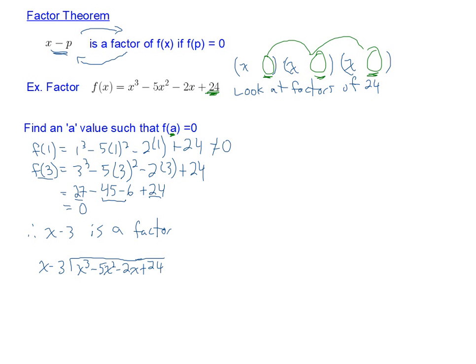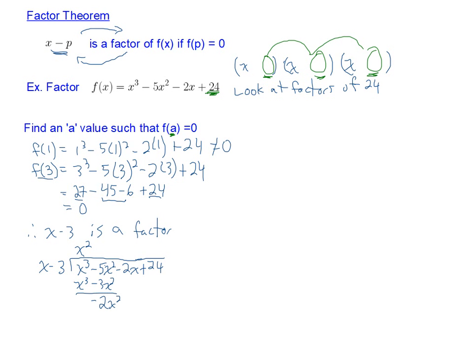All right, so with the division, x cubed divided by x is x squared. X squared times x is x cubed. X squared times negative 3 is a negative 3x squared. Do the subtraction. So 5x minus negative 3x, that's negative 5 plus 3. That's going to take us to negative 2x squared.